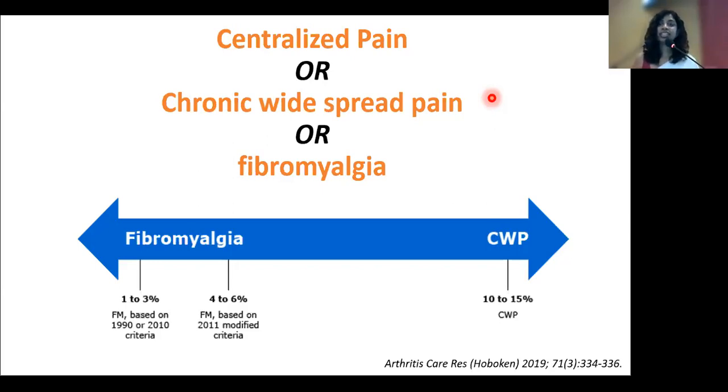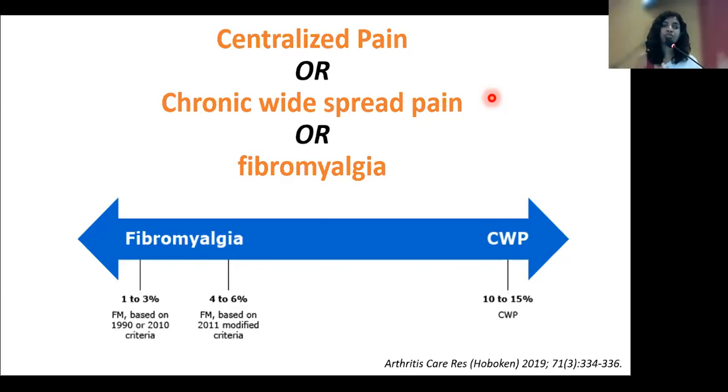But essentially, the mechanisms underlying both so-called conditions are the same, and it's like two sides of a single coin, depending on what criteria you use, depending on what parameters you look at, and it's on a spectrum.